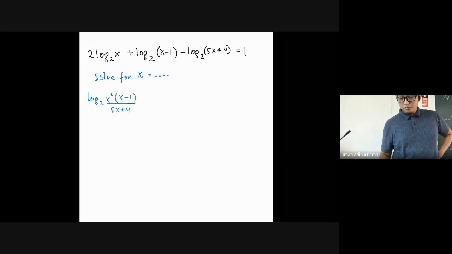Okay, and this is basically log 2. So I can have x cubed minus x squared is 10x plus 8, right? And then I have x cubed minus x squared minus 10x minus 8 is 0.